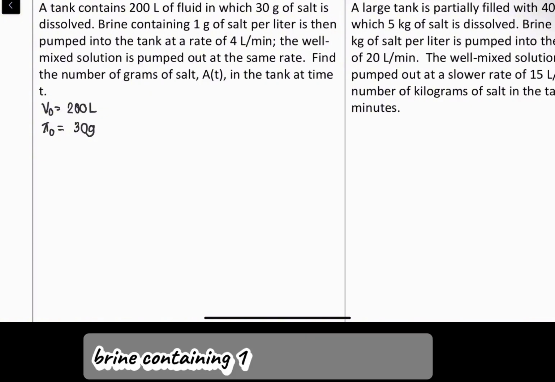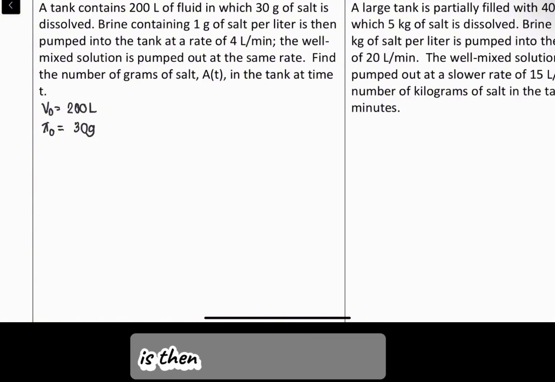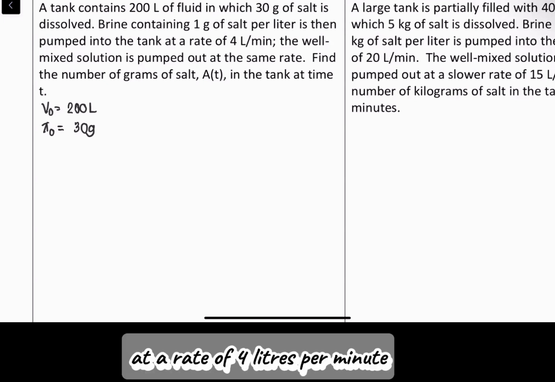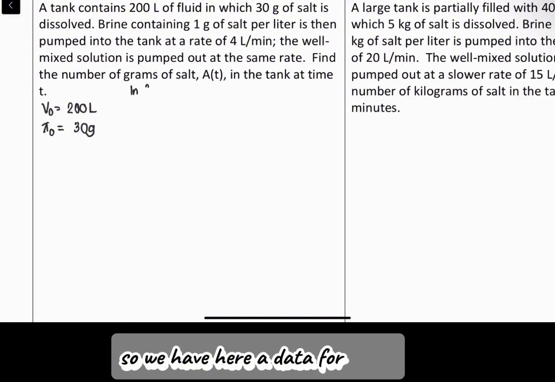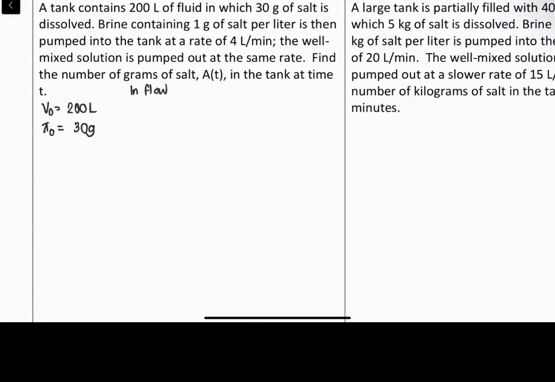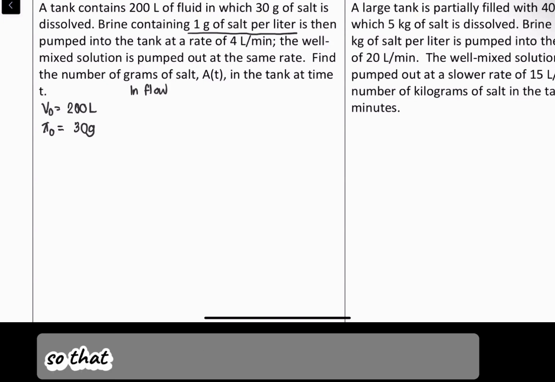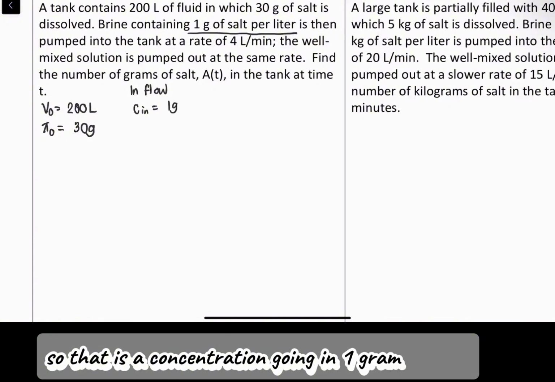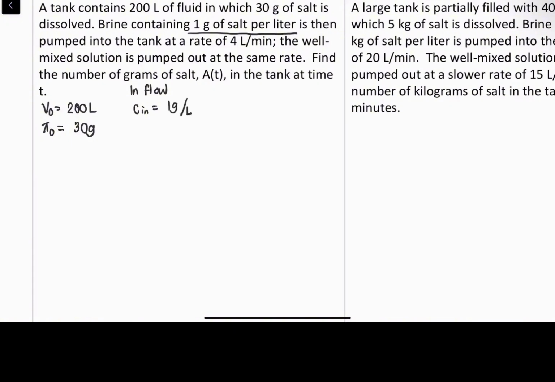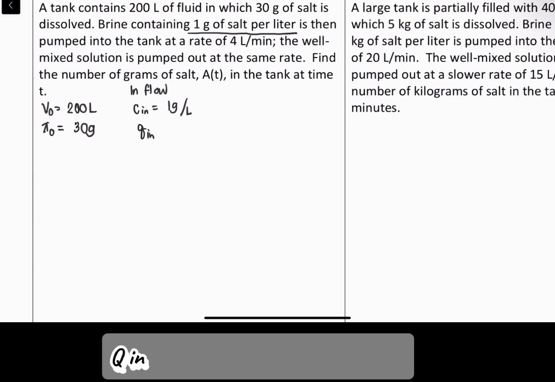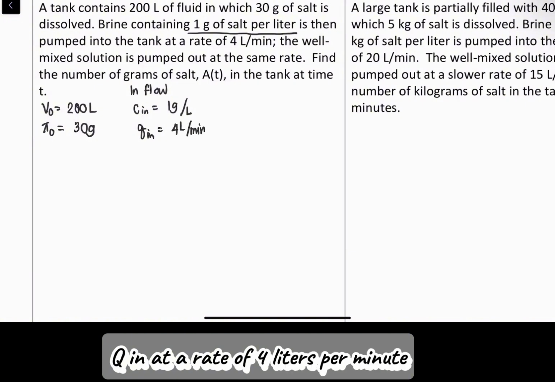Brine containing 1 gram of salt per liter is then pumped into the tank at a rate of 4 liters per minute. So we have here the data for inflow. That is a concentration going in of 1 gram per liter. It is then pumped in the tank, Q in, at a rate of 4 liters per minute.